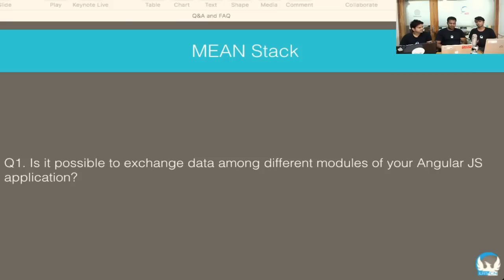Say the first module is named A and the second is B. You can add A as a dependency in B, and then you can access all the services and factories available in A in your B module. So yes, you can do that.